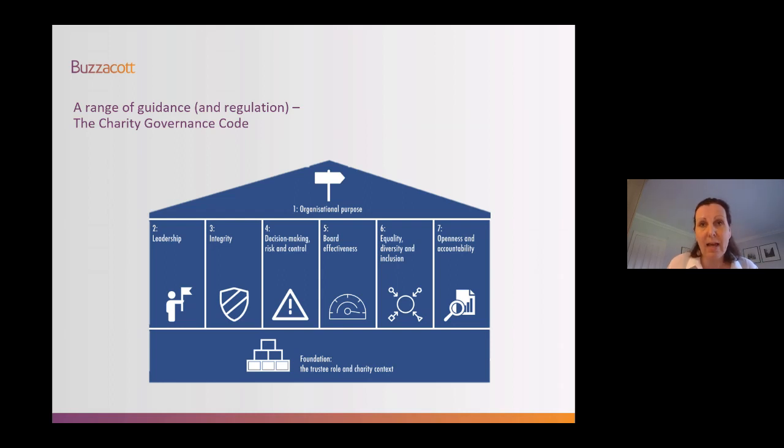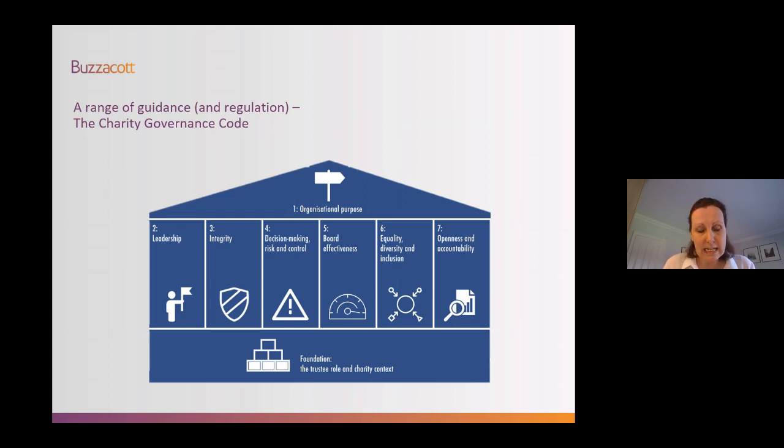So how effective is your board? Do you have a strong composition, a mix of skill sets, leading into diversity as well? How do you address the diversity of the board as well? And that you're working as an effective team, and that the board is continually learning and developing over time.